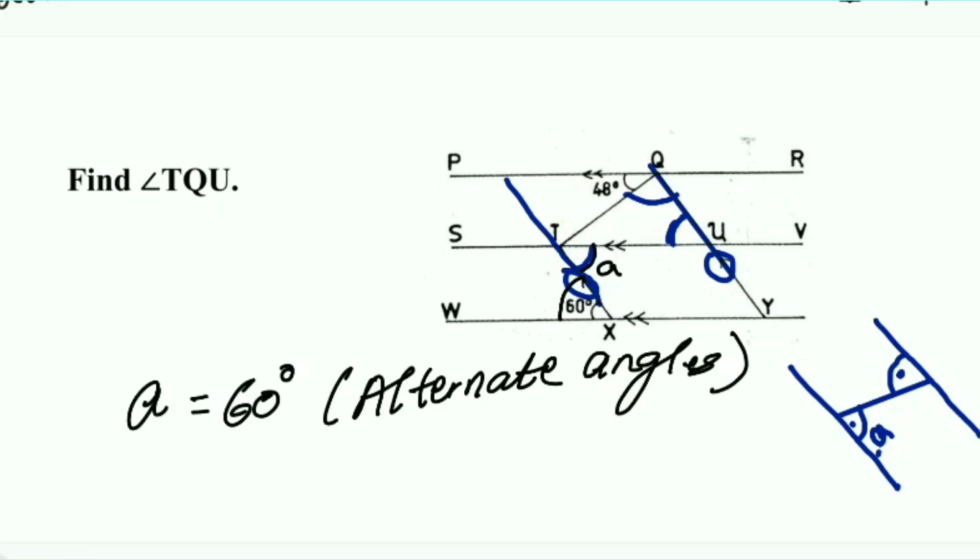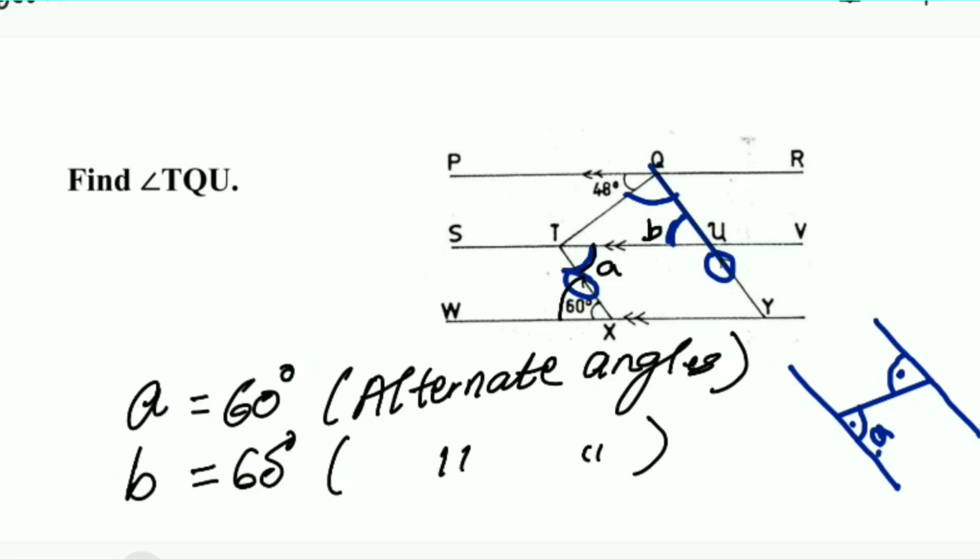So if I call this angle B, for instance, I would say B is also equal to 60 degrees. Why? Alternate angles. I hope you understand that. B is 60 degrees. Okay, so now keep paying attention. Get the flow. B is also 60 degrees, alternate angles.